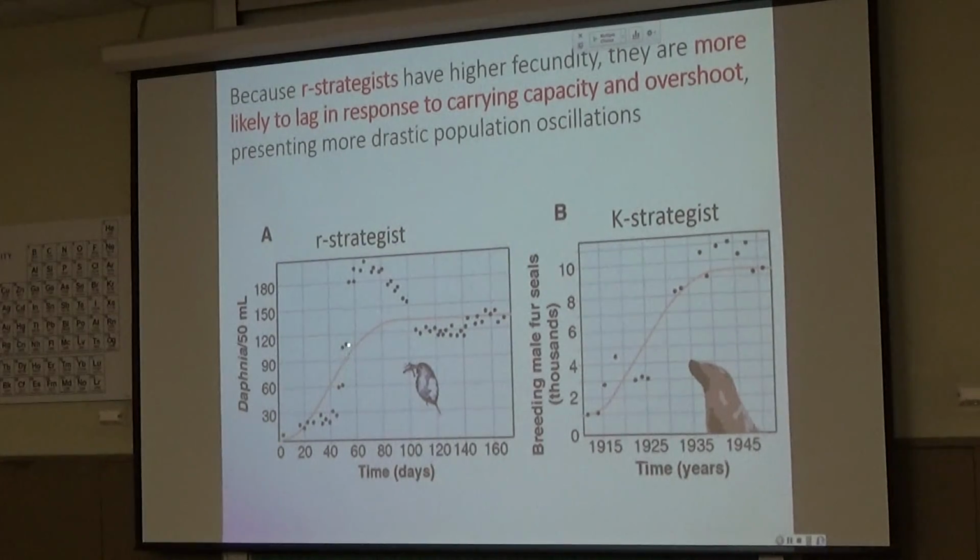You see the population overshooting, dying back, and then oscillating around the carrying capacity. Whereas if you look at a K strategist, this is a mammal, a sea lion, you see the population is closer to what is expected from the logistic growth model. There is some oscillation here, but it's nothing compared to what we observe in r strategists.